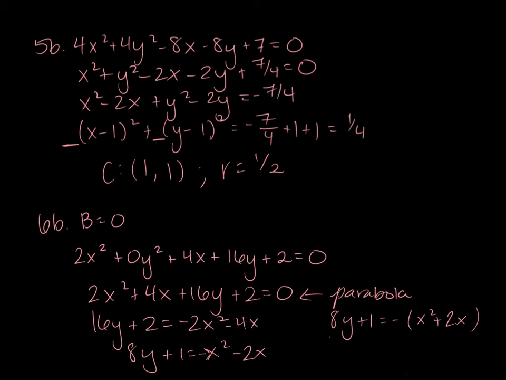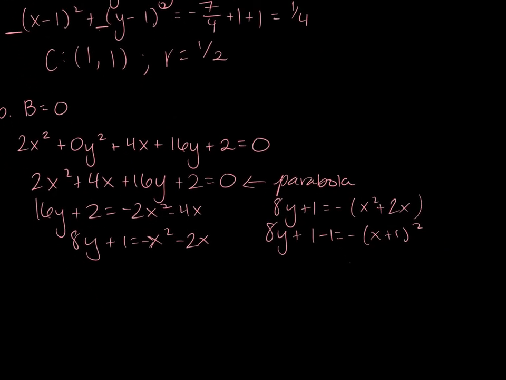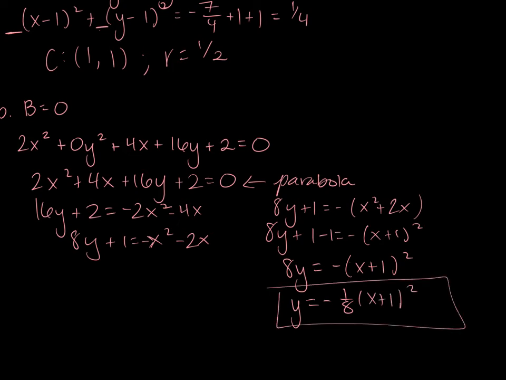And then I'm going to complete the square. 1 squared is 1 times negative 1 is negative 1. And then I'm going to solve for y. And that's my equation. Okay?